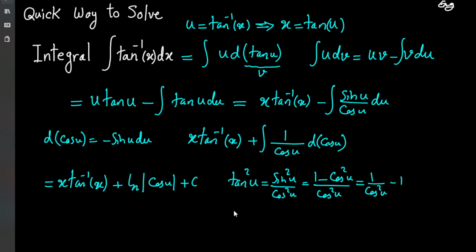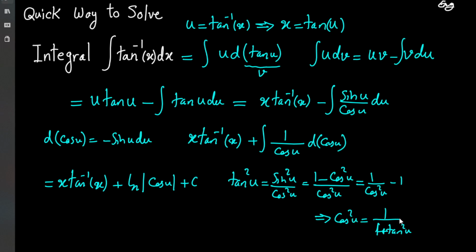So as a result, I can write simply this, that cosine squared of u is 1 over 1 plus tangent squared of u. The nice thing about this is we have tangent of u equal to x.